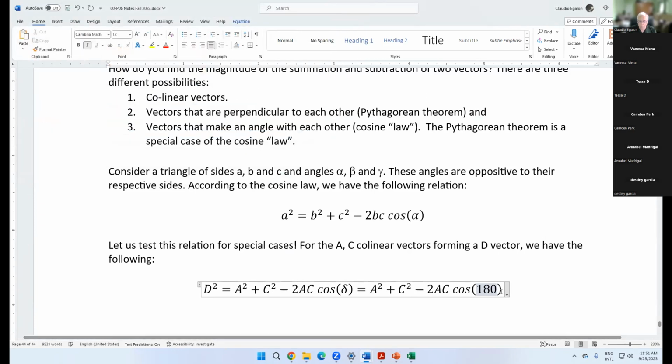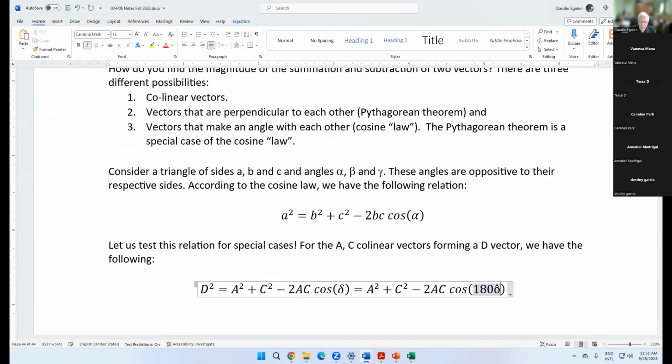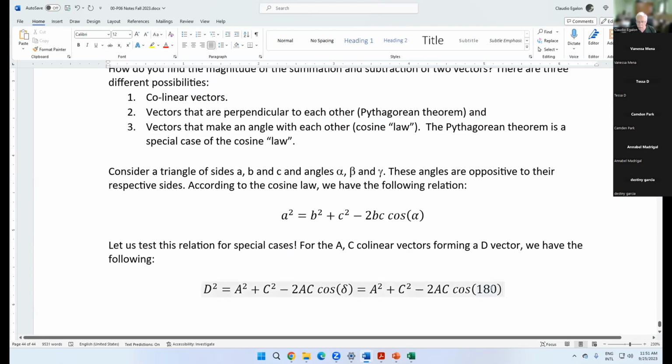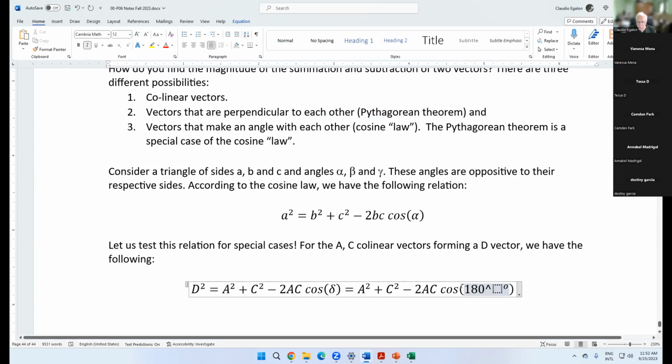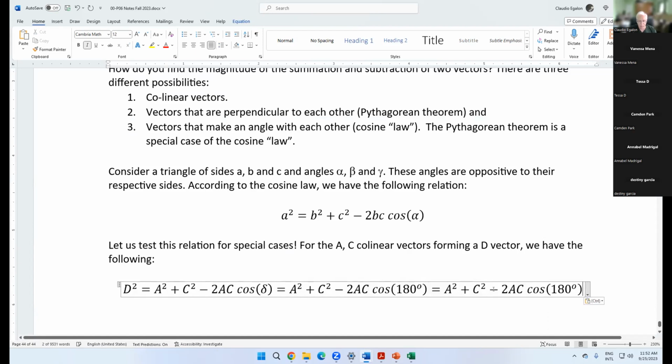Cosine of 180 degrees is -1, right? I'm going to put -1 here.